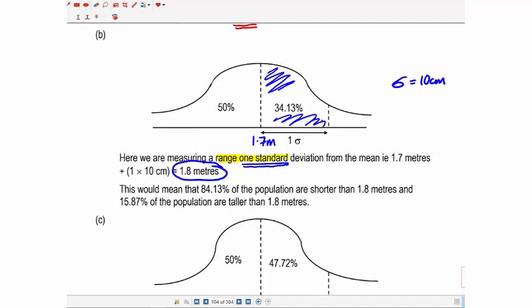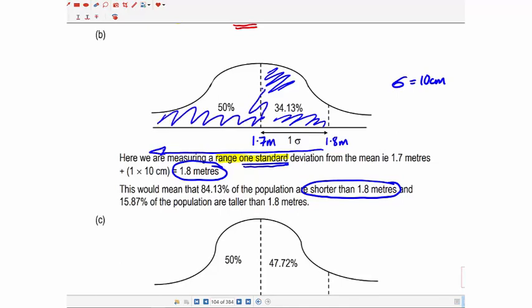If we want to interpret the amount of people in the UK who are shorter than 1.8 metres, remember, 1.8 metres is 1 standard deviation away from the mean. The whole area under the curve represents 100%. So if we want to look at everybody who is below 1.8 metres, that will show everything under the area of the curve that we are now shading here.